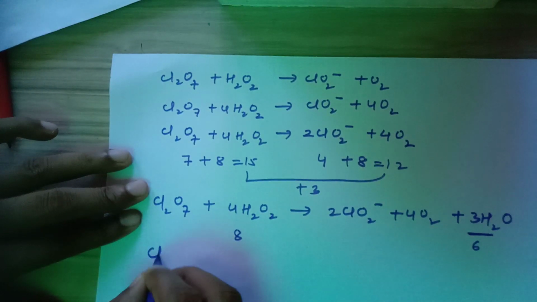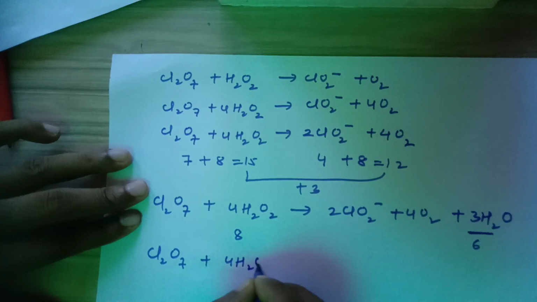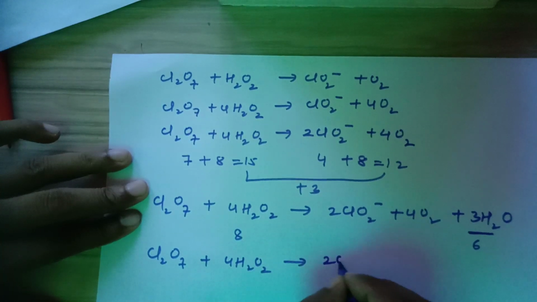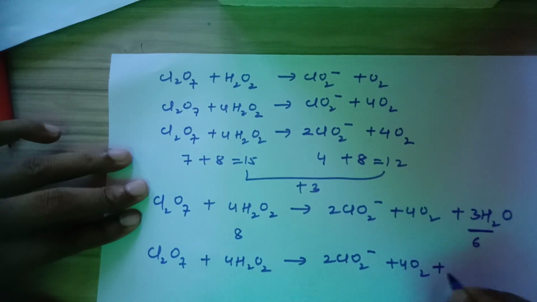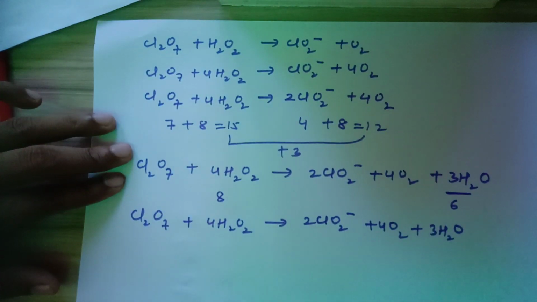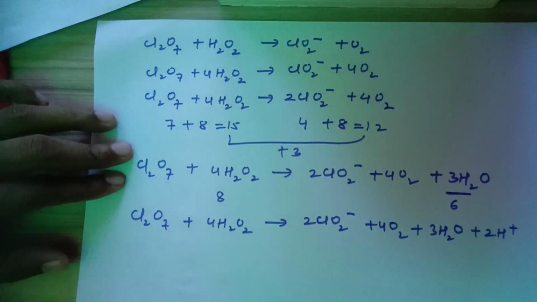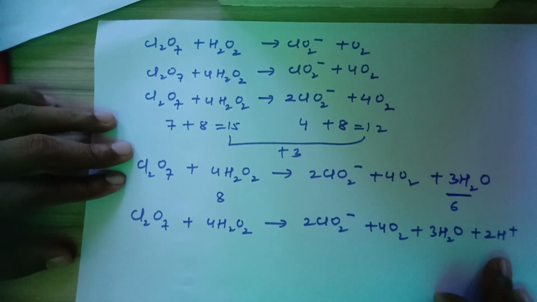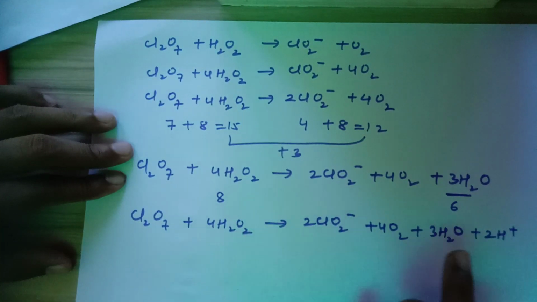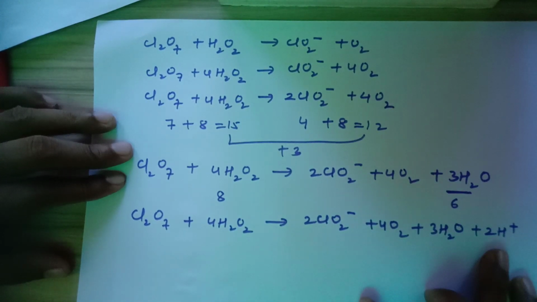So it will be Cl2O7, 4H2O2, 2ClO2 minus, 4O2, 3H2O, and add 2H plus on the right hand side, because 2 hydrogen are less on the right hand side. Here it is 8, here it is 6. So when we add 2H plus, it will be 8 hydrogen.